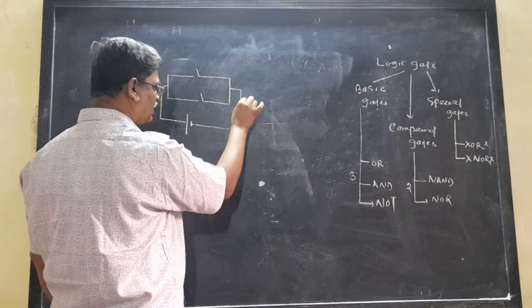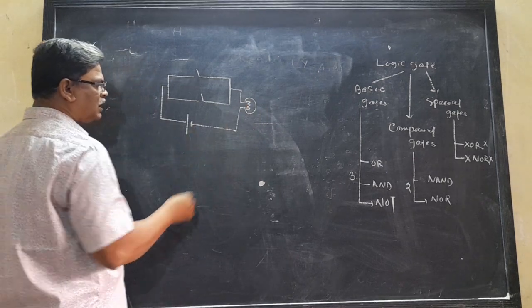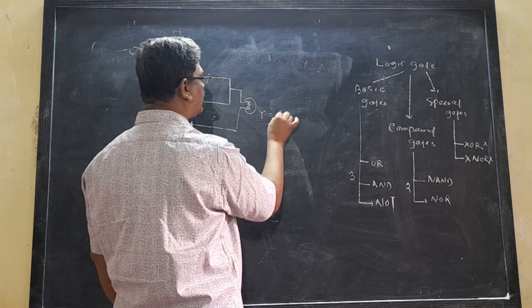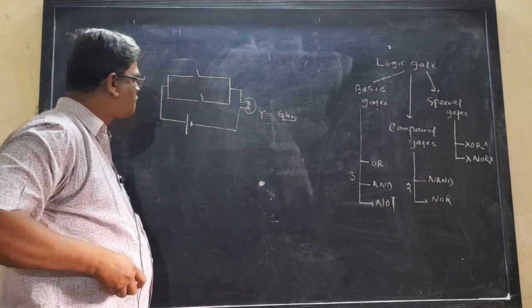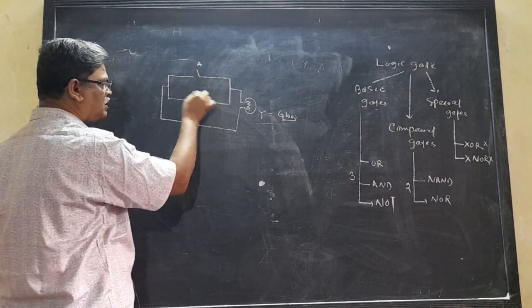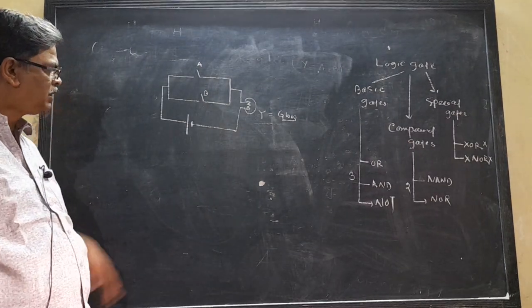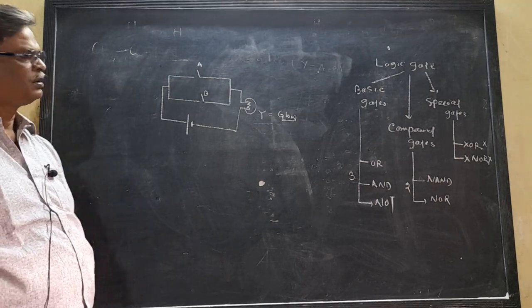This is a bulb. If the bulb glows, the output Y is glowing. These are the 2 inputs. The 2 switches are connected in parallel with a source and a bulb.